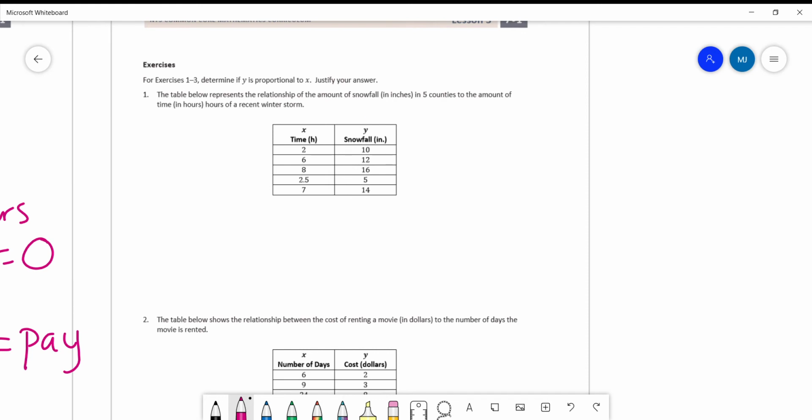So here's what we're going to do. Your y's divided by your x's.